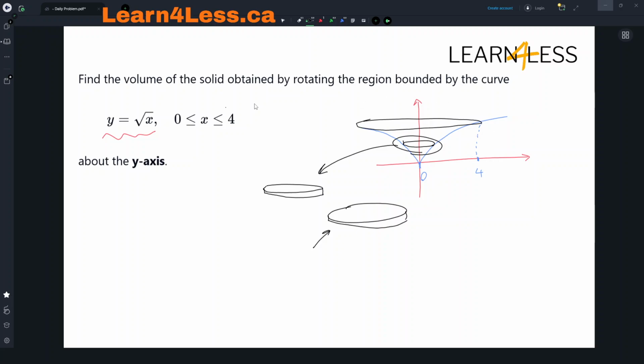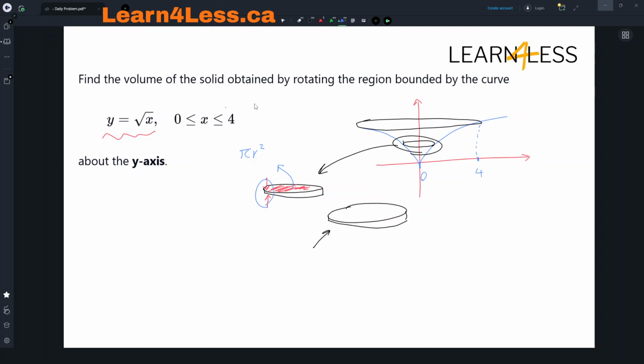So let's see what is the volume of one of these disks. The volume of this disk is the height multiplied by the area of the base. The cross section of that cylinder is a circle, so the area would be pi r squared.